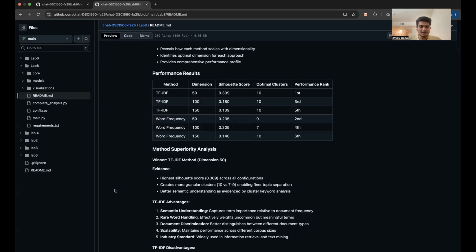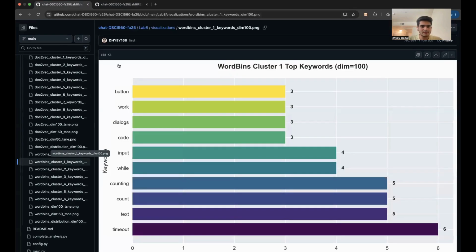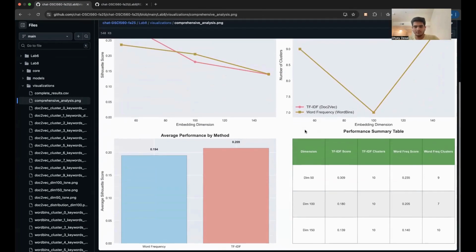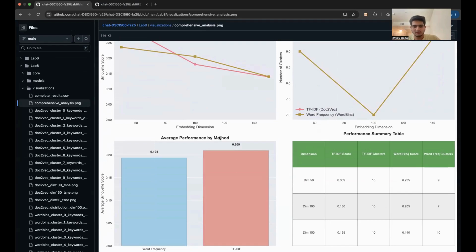Based on our analysis, the average performance by method shows that TF-IDF performs better, and TF-IDF is the clear winner for representing document meaning.